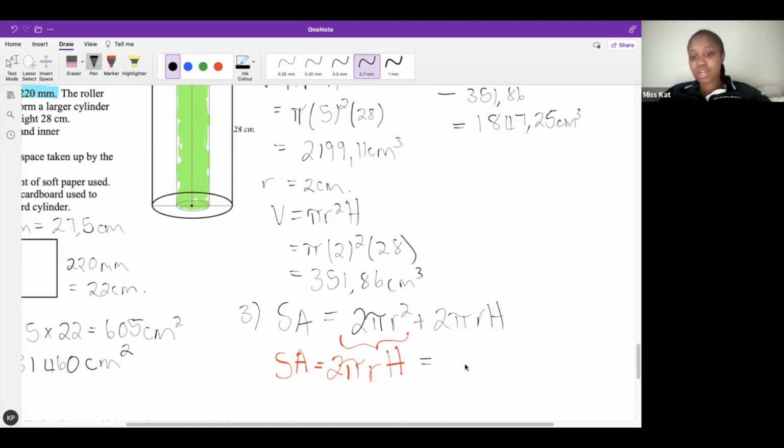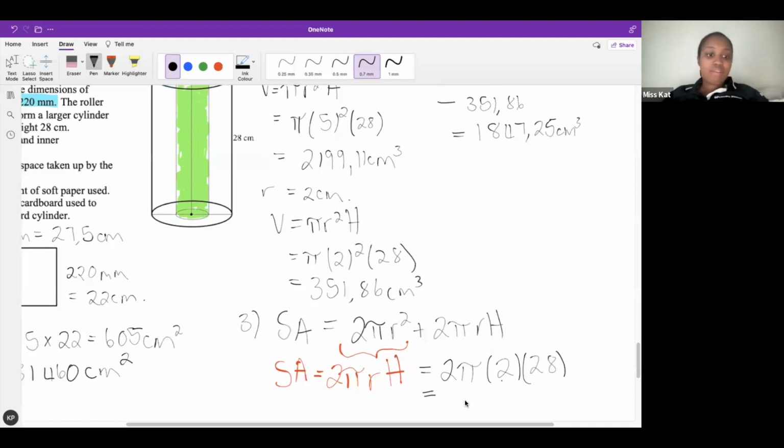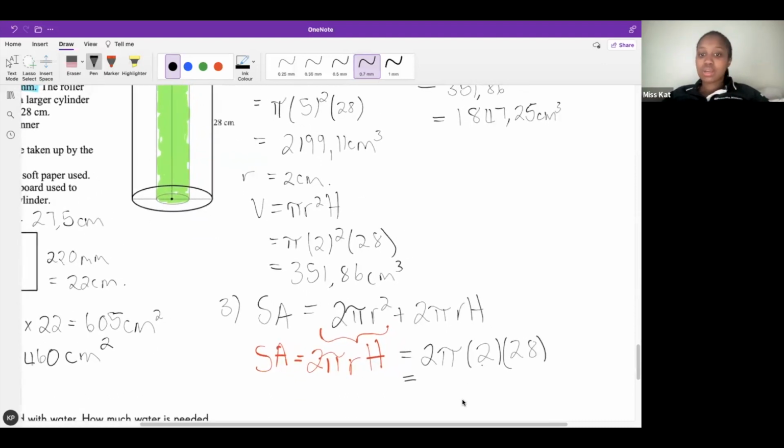Now let's figure that out. 2 times pi. My radius of my small circle was 2, and the height is 28. Nice. Now work that out, and that would be our final work for the day. What is 2 pi times 2 times 28?